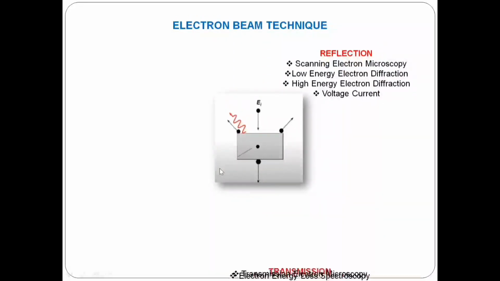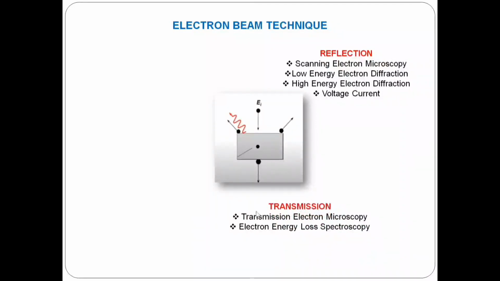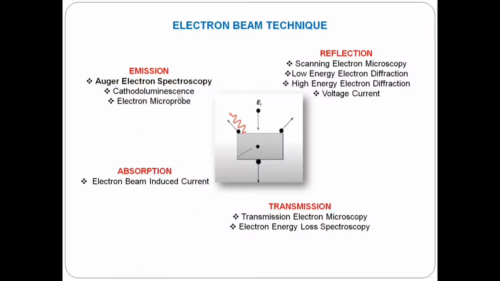In the same way, transmission is characterized by transmission electron microscopy and yields electron energy loss spectroscopy. Absorption is characterized by electron beam induced current, and emission is characterized by cathodoluminescence, Auger electron spectroscopy and electron microprobe. In the upcoming slides we discuss Auger electron spectroscopy.